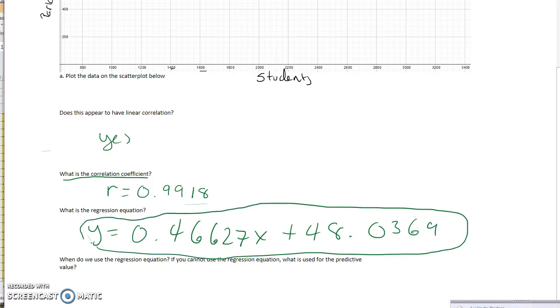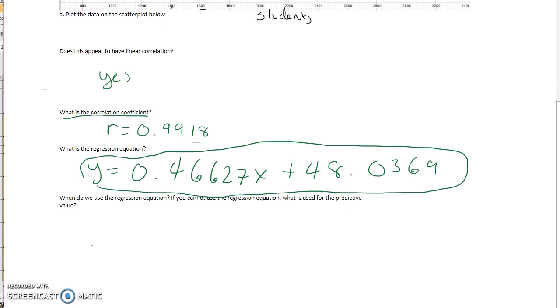So now it says, when do we use the regression equation? If we cannot use the regression equation, what is the predicted value? So we use the regression equation when R is greater than our critical value.